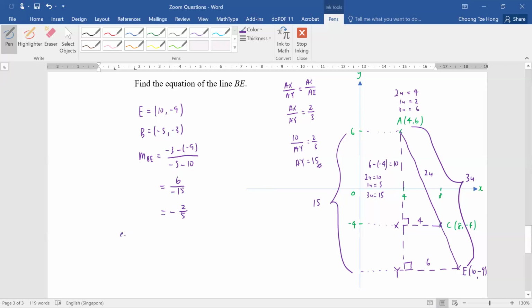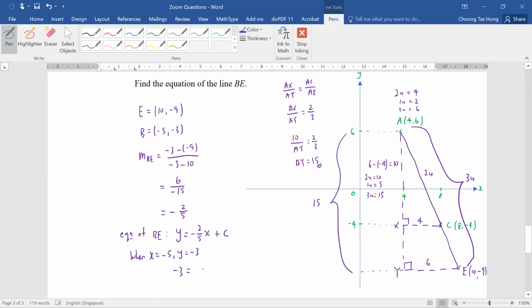Now we can find the equation of BE. The equation of a straight line is of the form y equals mx plus c. All we need to do is sub in the coordinates of either B or E to help us find c. Let's sub in the coordinates of B. When x equals -5, y equals -3.